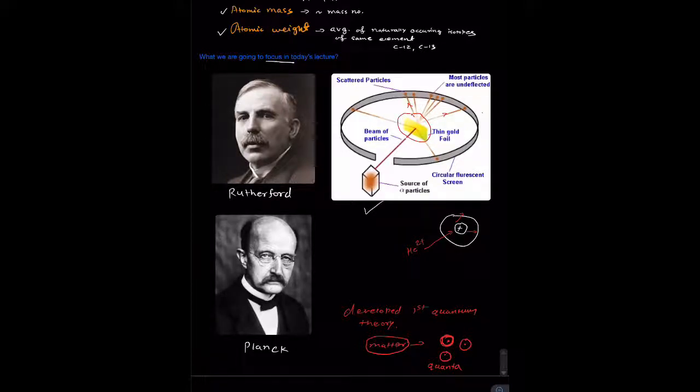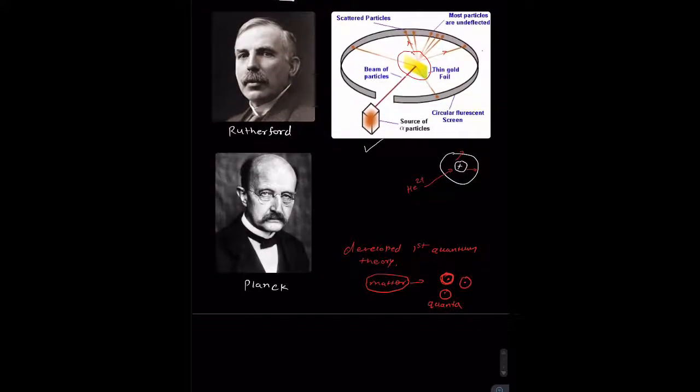Now remember that he gave the relation, which looks like this. The energy E equals hf, according to him. Some people write this f like the Greek letter nu, but it doesn't matter as long as you know it.